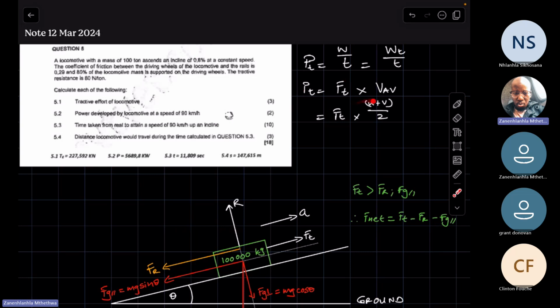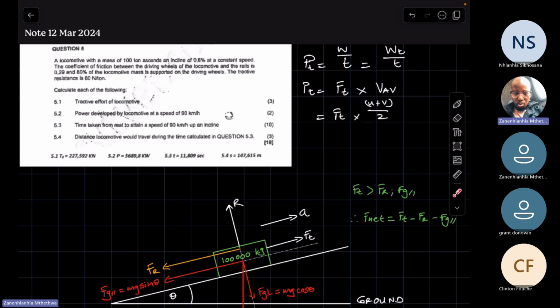We are going to use this one here because we have the total force applied, and we can get the average velocity. Remember, we are operating under the auspices that this is moving at a constant speed. So if an object is moving at constant speed, its average velocity will be equal to the constant speed.